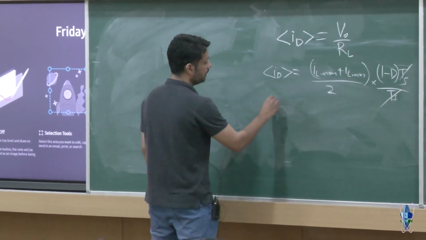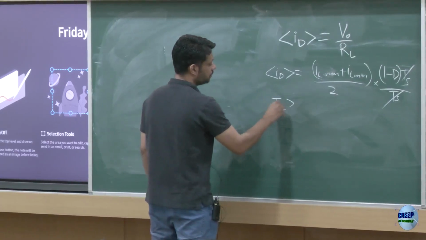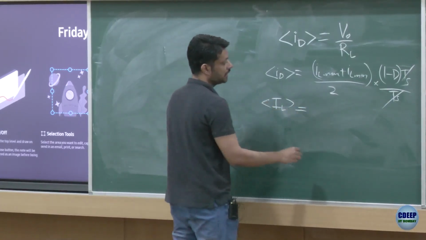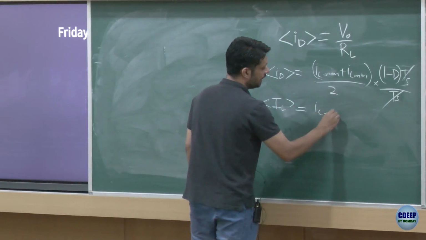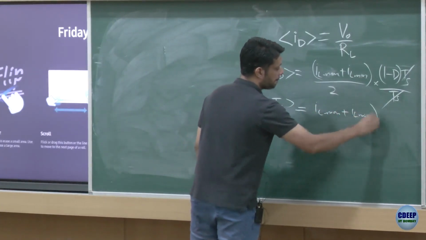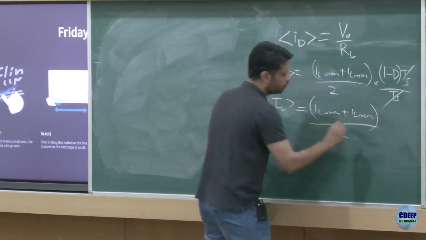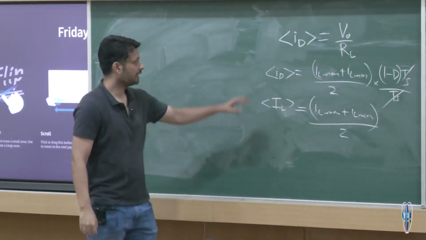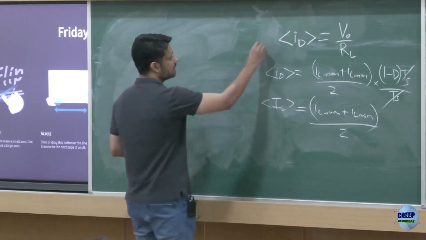And what about the inductor current average value? The inductor current average value is nothing but IL max plus IL min upon 2. And therefore, the relationship between these two things is as shown.